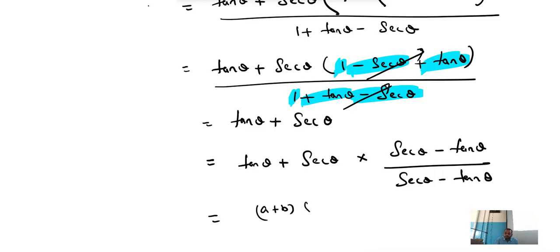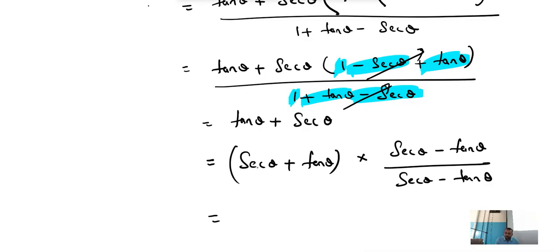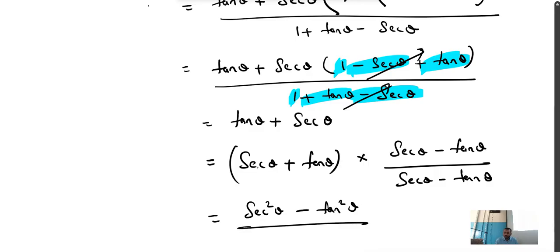Can we make one small change? Instead of writing tan theta plus secant theta, can we write secant theta plus tan theta? It's now in the form of a plus b into a minus b. So a square minus b square divided by secant theta minus tan theta.